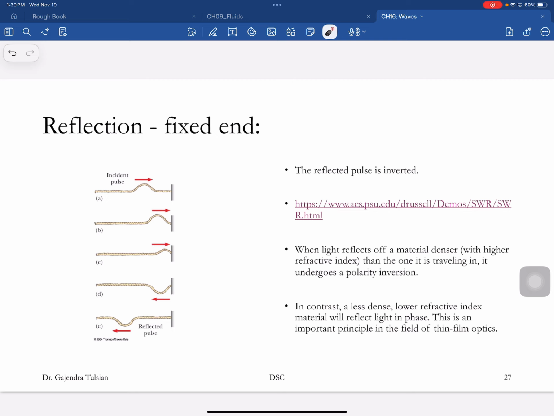So if you don't want that echo, what is it that you would do? Yeah, so that's exactly what you do. You cover the wall with material that absorbs sound. All right, so you want to learn reflective properties and so on.